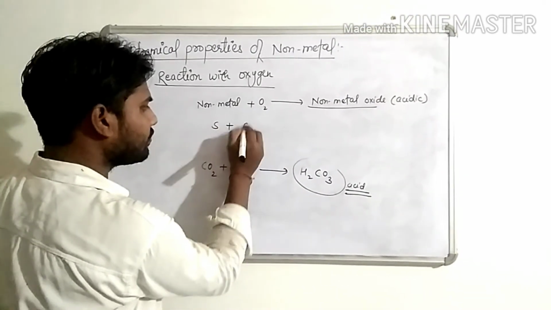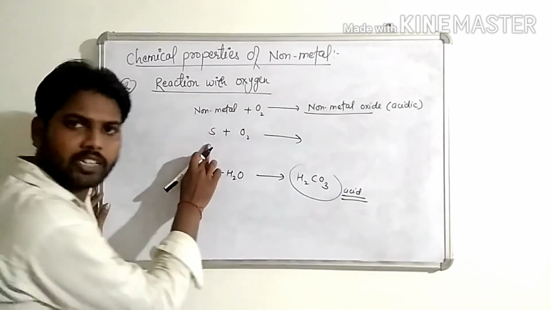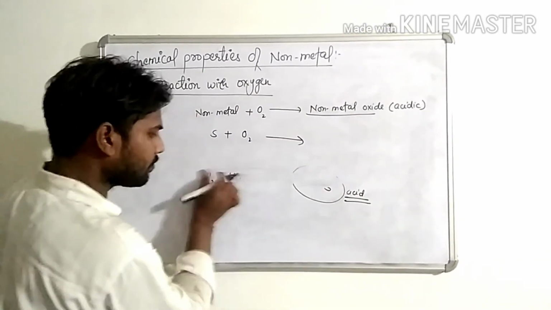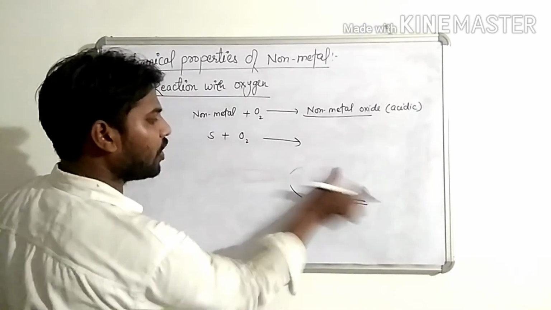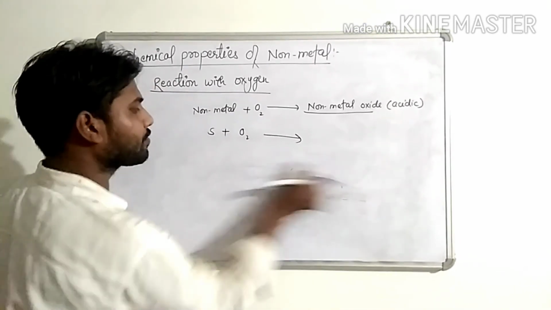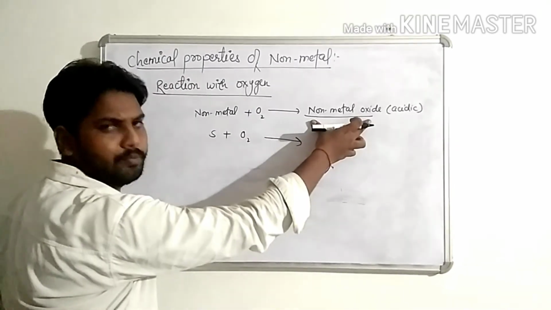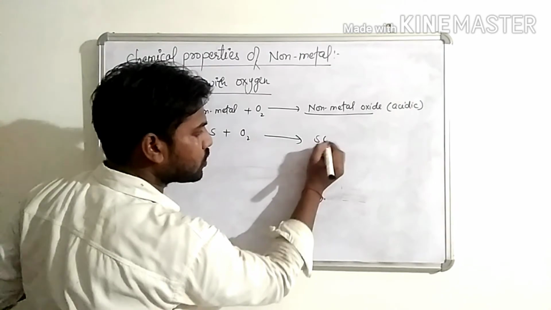Now take a second example: sulfur. Sulfur is also a nonmetal, children. When sulfur combines with oxygen, it forms a nonmetal oxide, SO2.